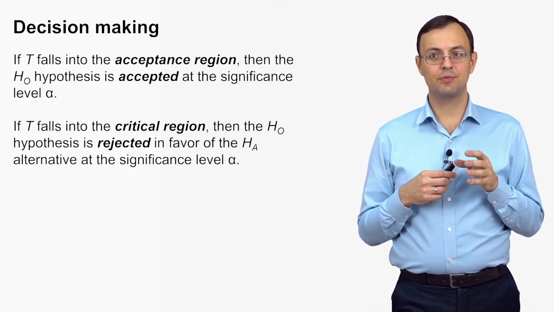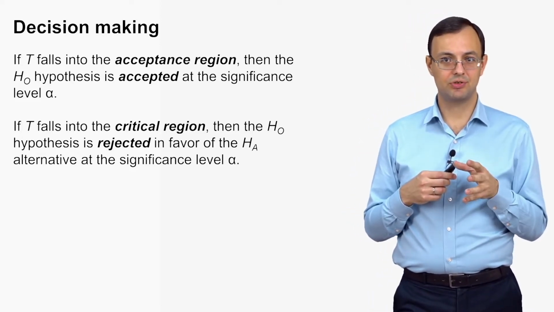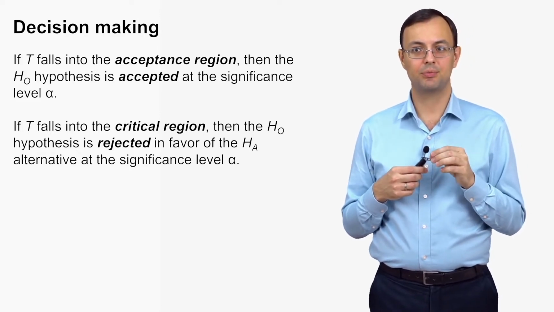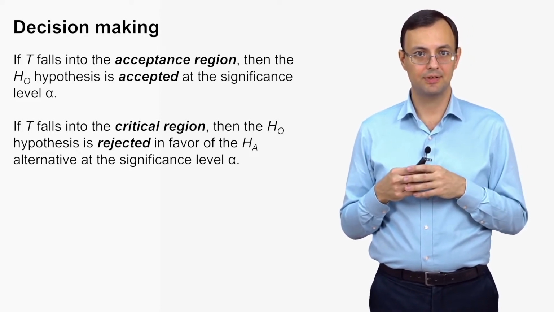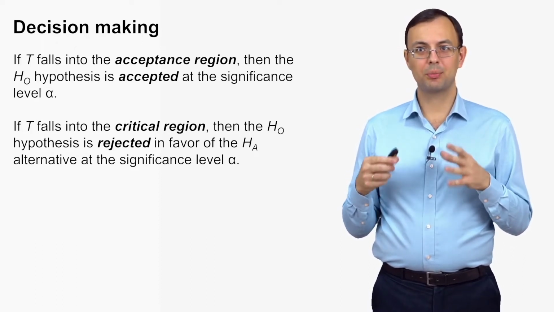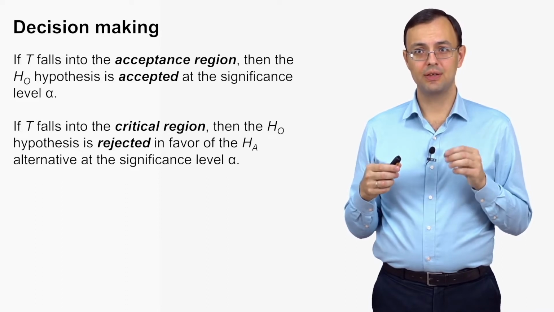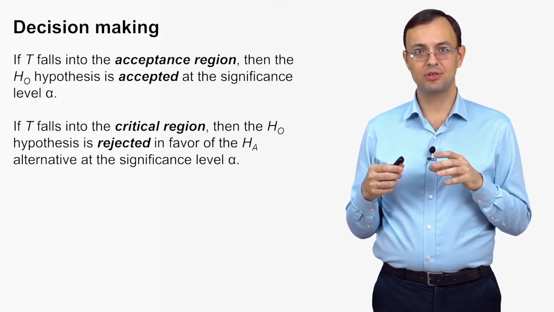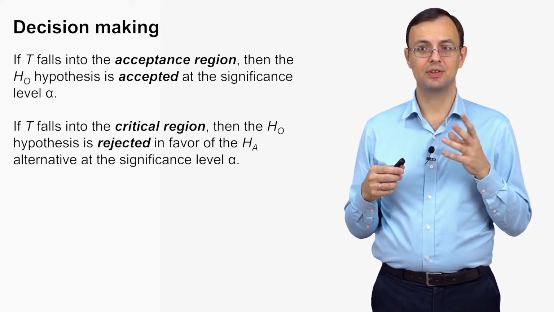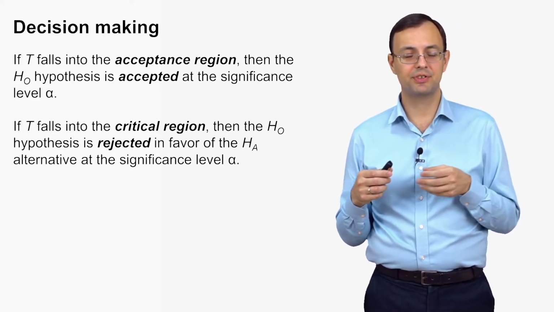If t falls into the critical region, then the null hypothesis is rejected in favor of the alternative one at the significance level alpha. That is how we make the decision. If t is in the acceptance region, we accept the null hypothesis. If t is in the critical region, we reject the null hypothesis.